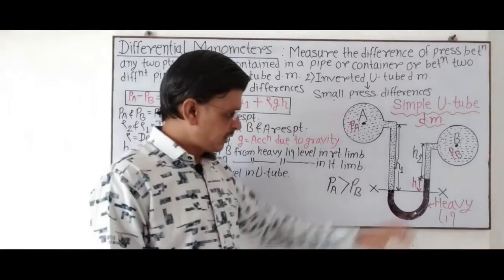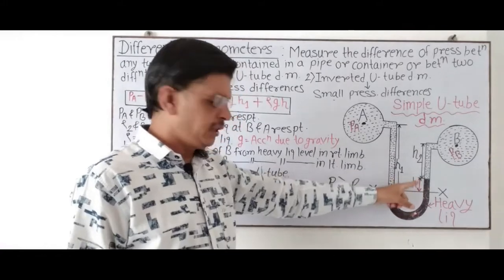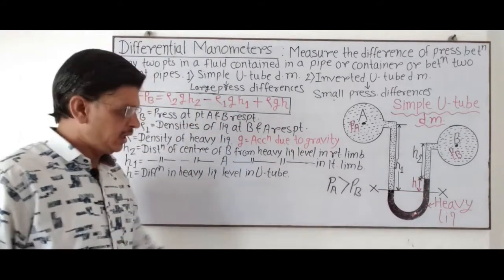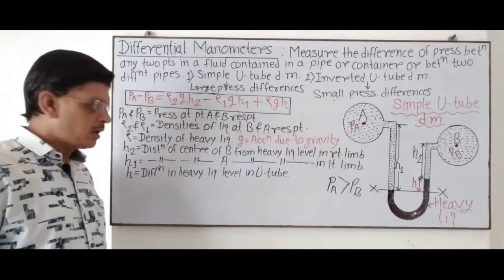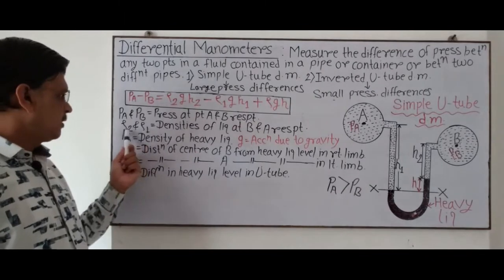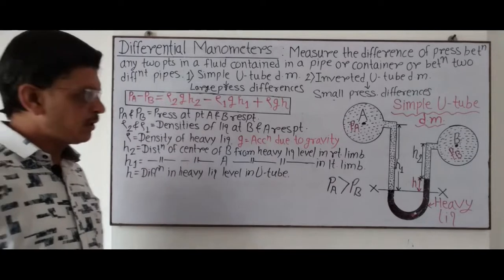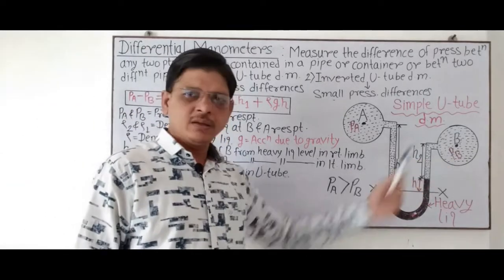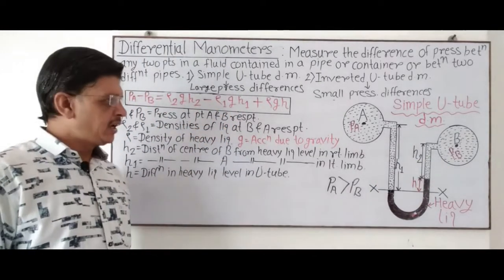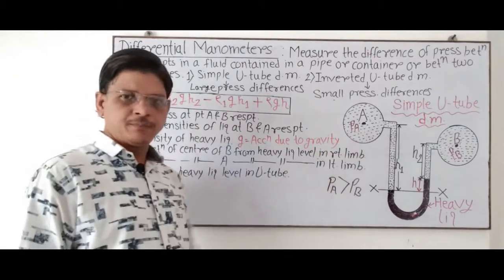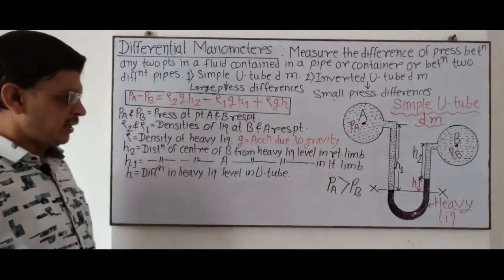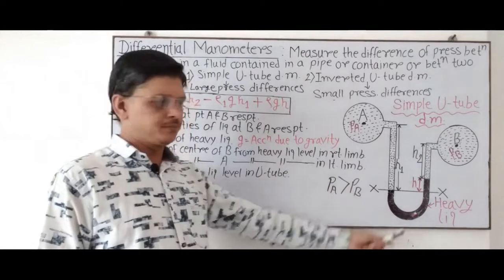Okay, so this is the difference in the level of heavy liquid in this U-tube. Here rho 2 and rho 1. So rho 2 is the density of liquid at B and rho 1 is the density of liquid at A. This rho is the density of heavy liquid.